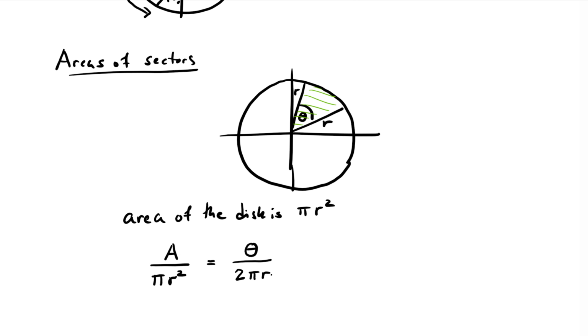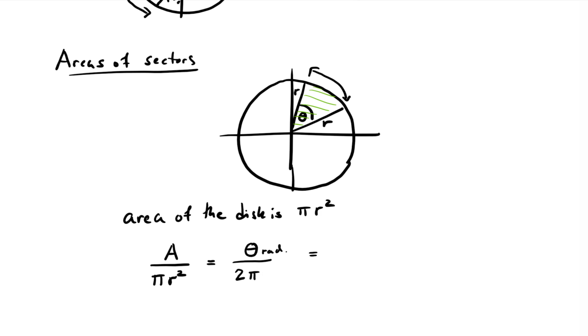This is an angle in radians, which is the measure of the arc length divided by r. So actually, this is not 2 pi r, this is 2 pi. So theta in radians compared to 2 pi, a full rotation, is in the same ratio as the area of the sector to the area of the disk.